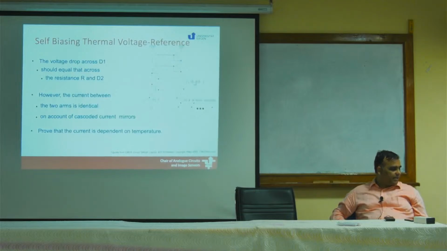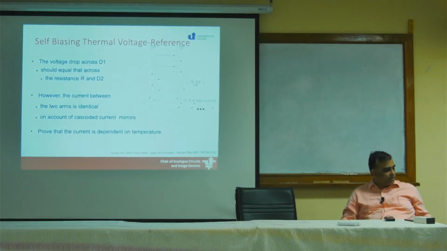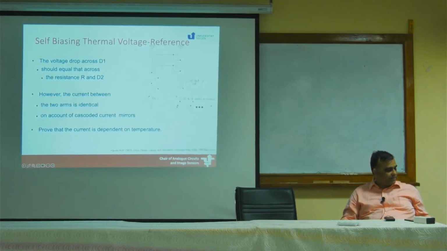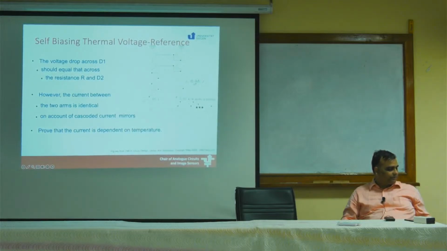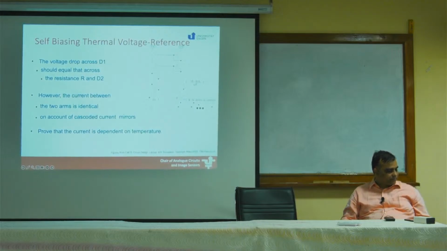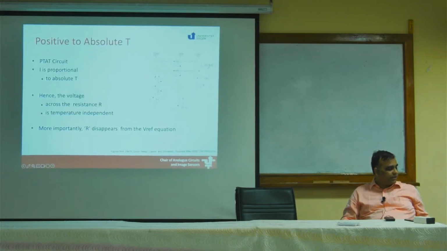There are similar circuitries where, rather than having n times the current, you can have n times the diodes sitting in parallel. So now the same current is flowing, it's a current mirror circuit, but you have n times the diodes in between these two. The other alternative is, if you have looked at the current here, you can mirror that current separately through a third device and then take the voltage across this resistance.